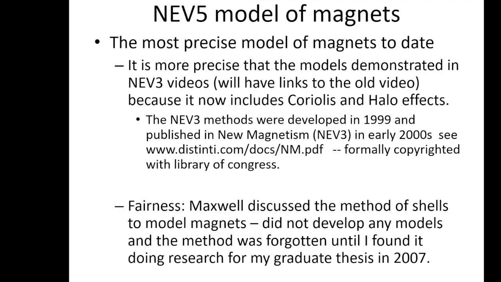And up until 2007, I thought I was the first person to come up with this idea. But I am the person that is bringing this idea to the front and giving it the precision it needs, that far eclipses anything Maxwell published in his books. Because they do not consider Coriolis effects, halo effects, or anything else in any other model anywhere else.